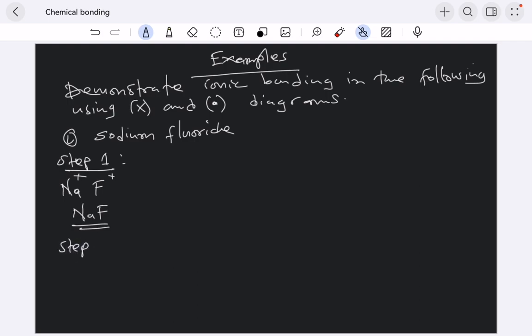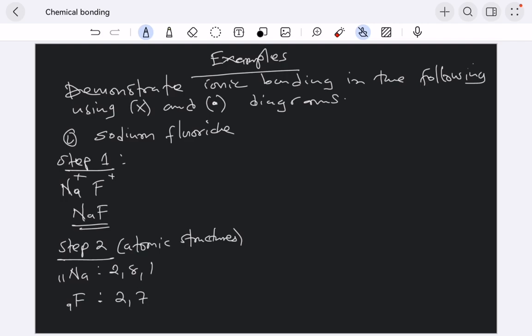Step 2, I need to know how to write the atomic structures of what is involved. So in this case, there is sodium with an electronic configuration of 2, 8, 1, and there is fluorine with an electronic configuration of 2, 7.